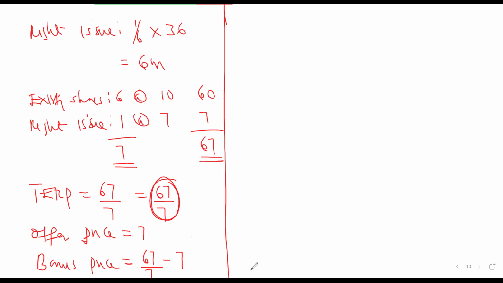So the bonus price will be 18/7. So we can just find the portion that is for the bonus price. Because this is a decimal, it is going to be worrying you.